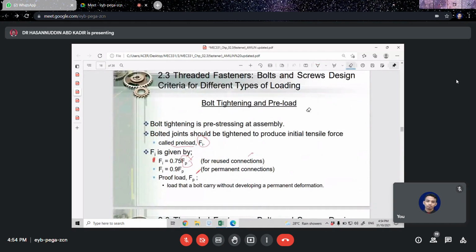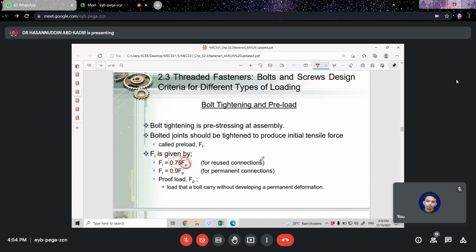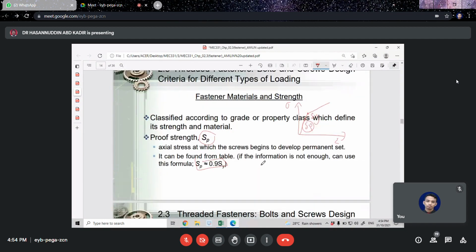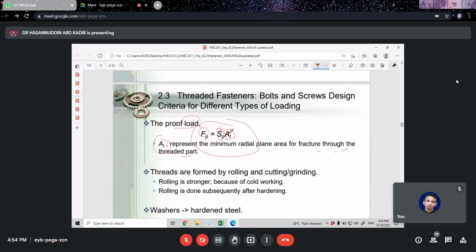Okay, this one, because they give you some condition, they ask you for reuse for connection. So ni we need to apply FI as a 0.75. FP. So FP ni kamu dapat from, tengok balik ke atas lagi ada, FP ni boleh dapat daripada SP multiply with AT. AT basically here we refer to our table.